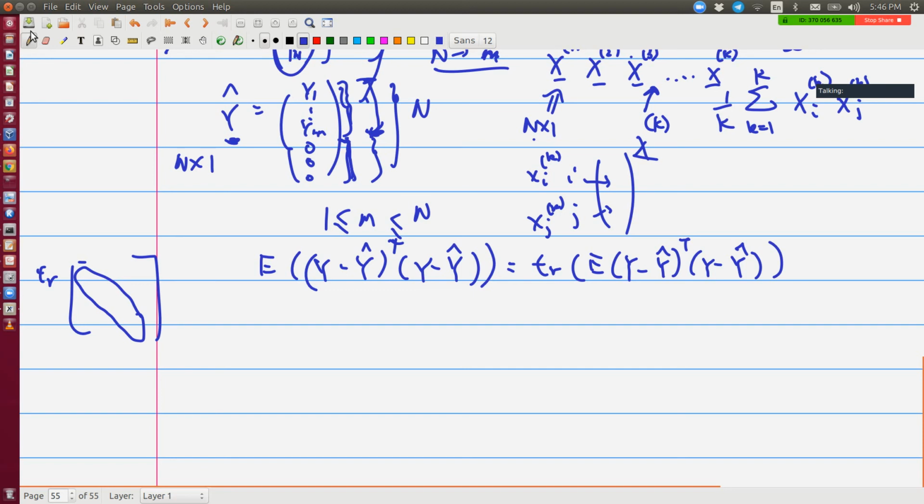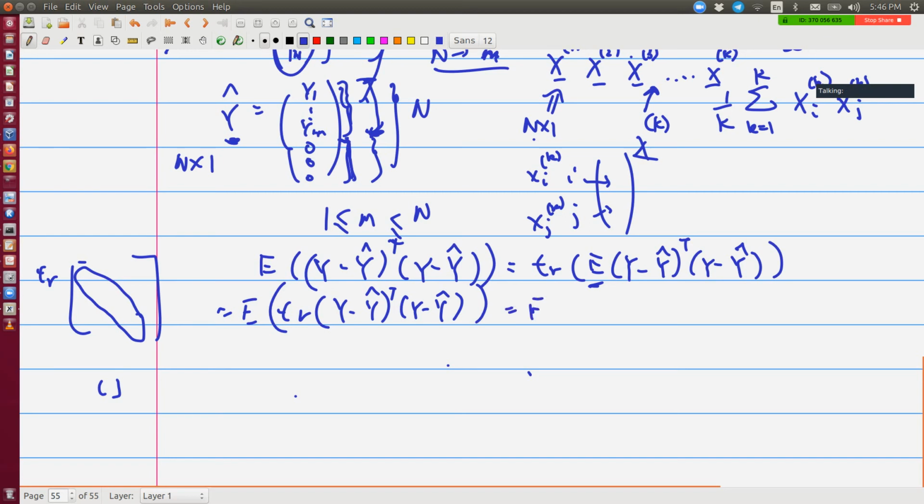So I put a trace here because this is just a scalar, right? If I have a scalar element, the trace of a scalar element is just itself, right? But because trace AB is equal to trace BA, and of course I can put the trace into the expectation, I can have expectation of trace of (y minus y hat) transpose (y minus y hat).